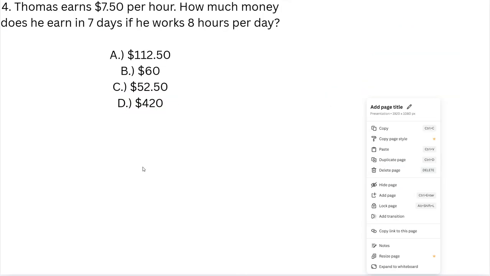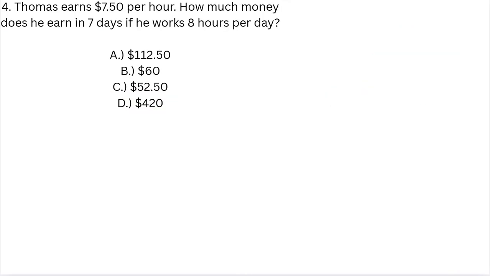Number 4. Thomas earns $7.50 per hour. How much money does he earn in 7 days if he works 8 hours per day? Okay, so Thomas earns $7.50 per hour. That's the info we need to solve the problem.